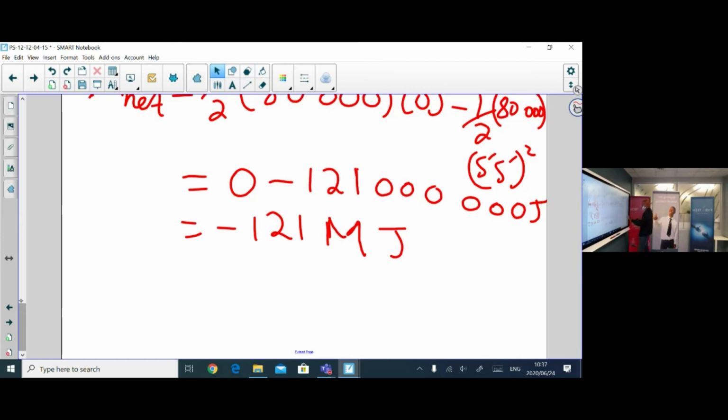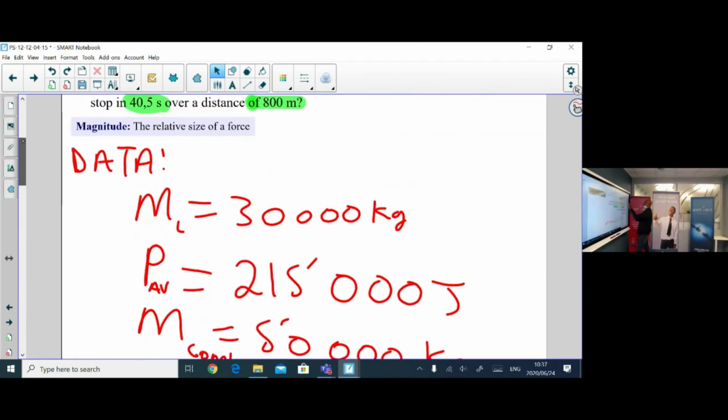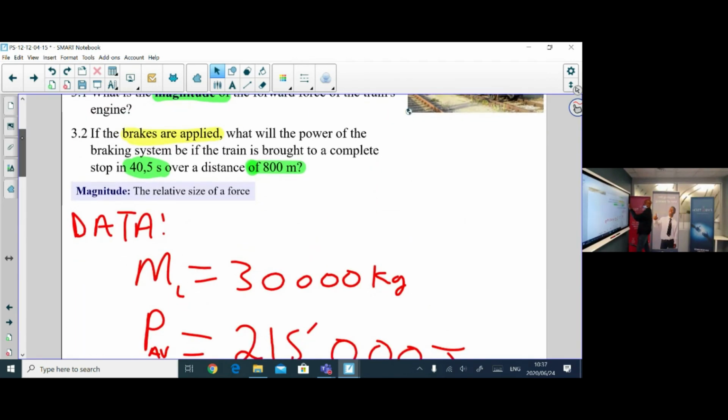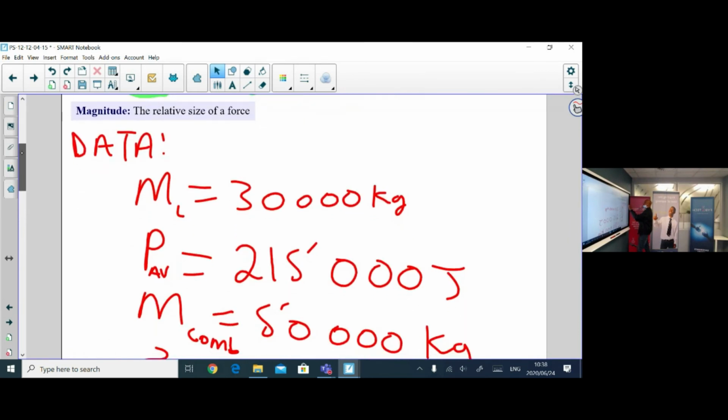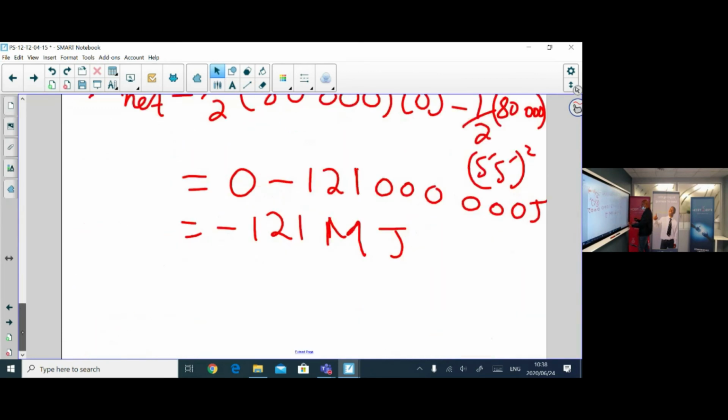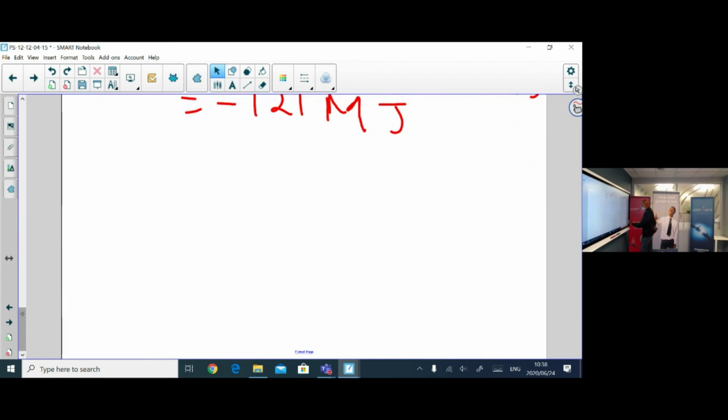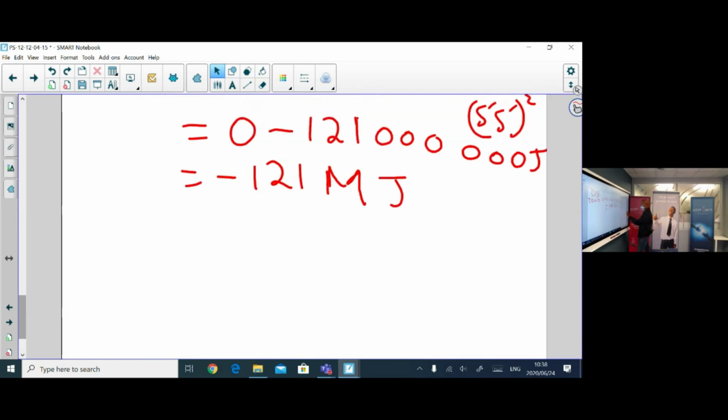What are they looking for? If the brakes are applied, what will the power of the braking system be? We have to go back to the power. We know that P is equal to W over time.